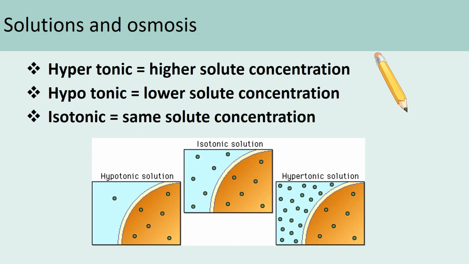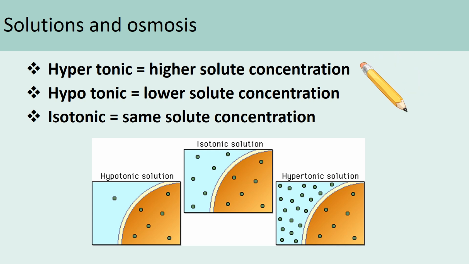So here's for your notes. So if you could pop this into your book. So hypertonic means that there is a higher solute concentration. So we're going to be talking about cells in solutions. So if the solute concentration is higher, then it would be hypertonic, whichever one is the higher solute concentration.